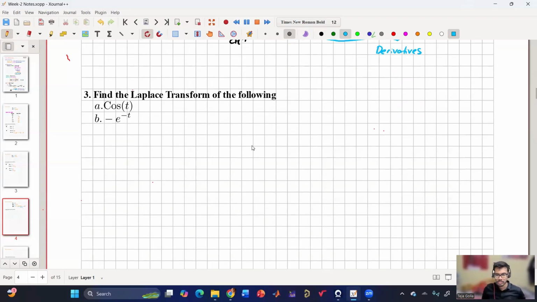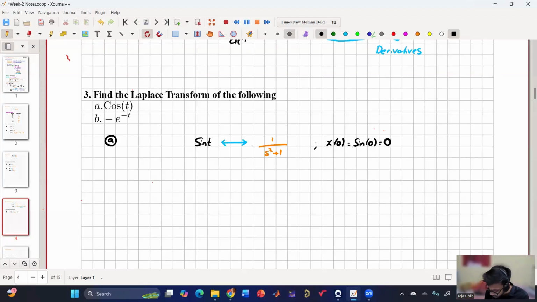Now cos t. There is already an expression that I have given, but let us solve cos t from sin t. I know that sin t is my x of t, and the Laplace transform is what I already know, which is 1 by s square plus 1. And what is x of 0? sin 0 is 0.